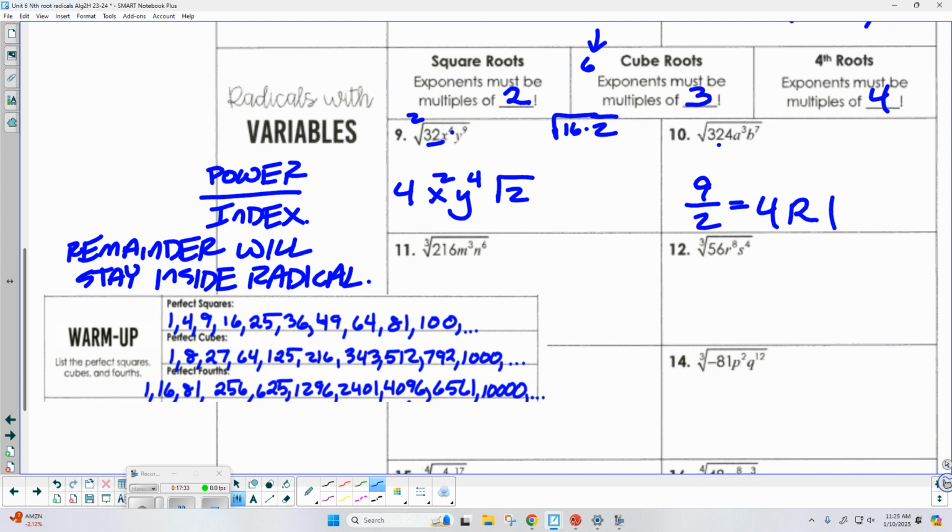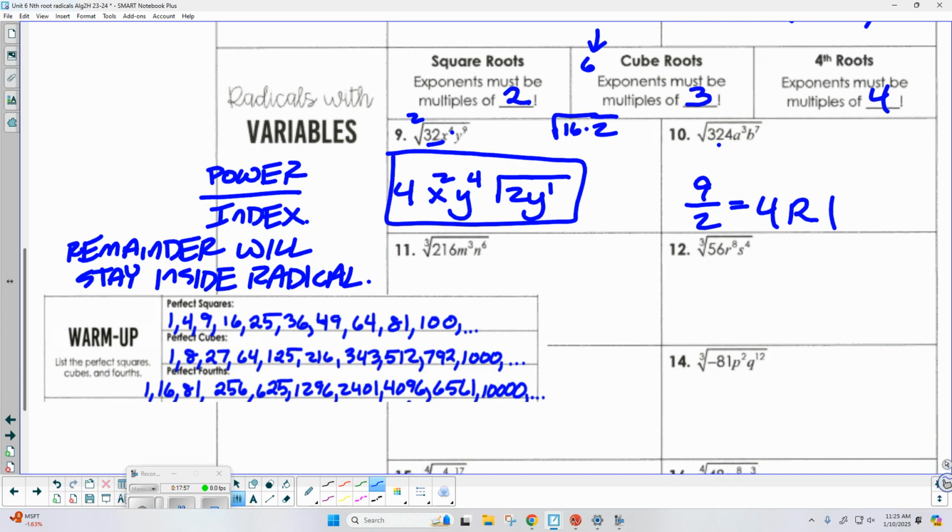Because this came from y, it would be y to the 1st. And there you go. That's the answer. So you take the power and divide it by the index. If there's a remainder, that remainder stays inside. That's all there is to it.